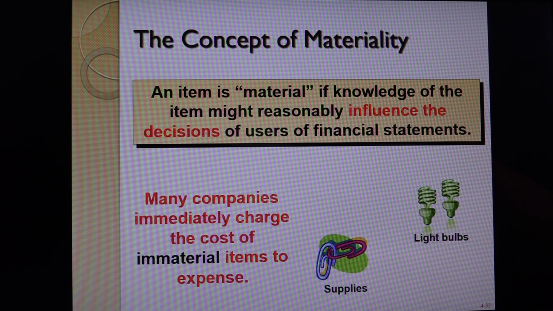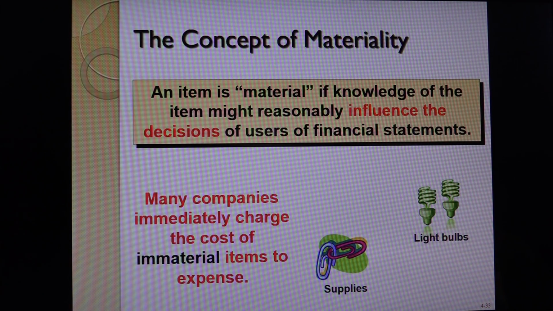There's another concept that goes on in accounting, and that's the concept of materiality. You know, you're not always going to get the accounting records right. People make mistakes. Sometimes it's not a mistake.